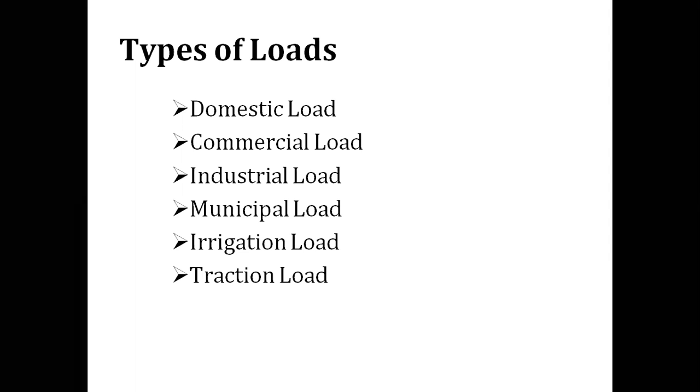So you can say that every load has a different tariff rate. Understood? The rate for consumption of electricity in domestic load never matches the industrial load. The rate of electricity consumption for industrial load never matches municipal load, irrigation load, and traction load.